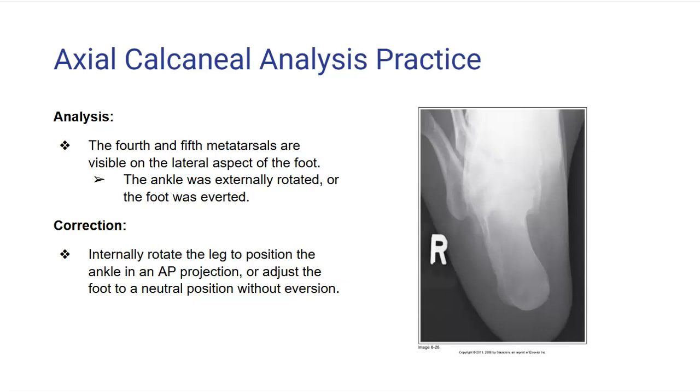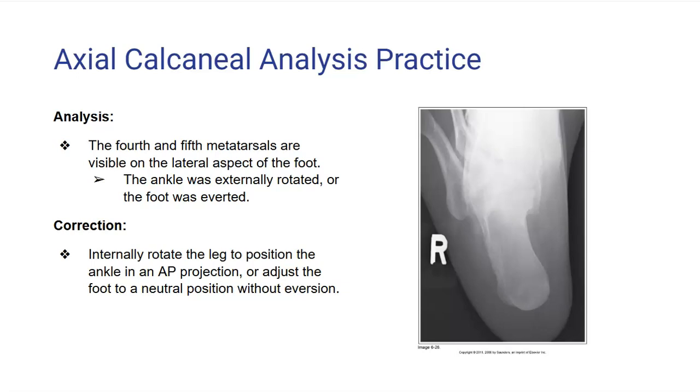First, you want to identify whether or not the talocalcaneal joint is open. If not, is there any distortion in the anatomy? Is there any elongation or foreshortening of that calcaneus? And then, is there any rotation, or do we see any metatarsals medially or laterally, which will again identify rotation?